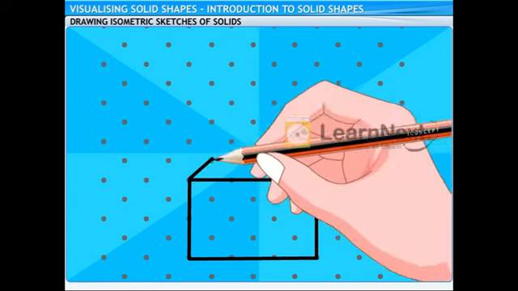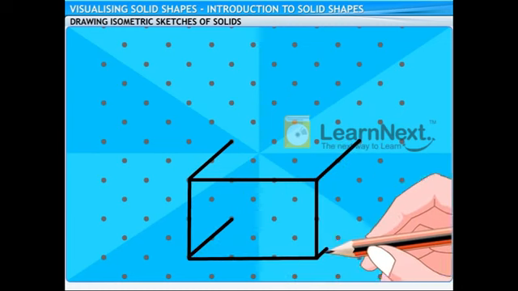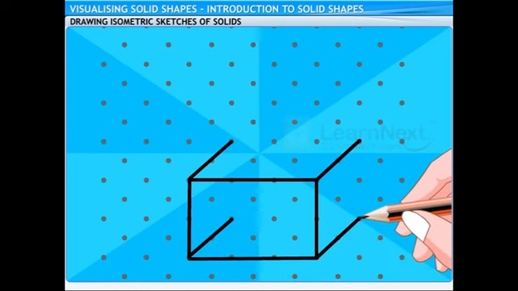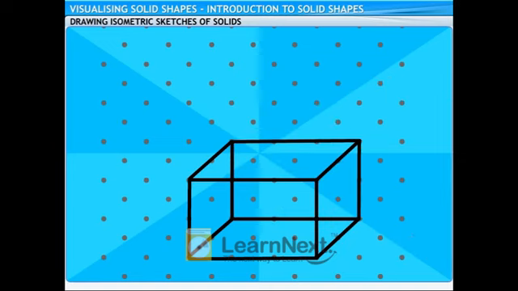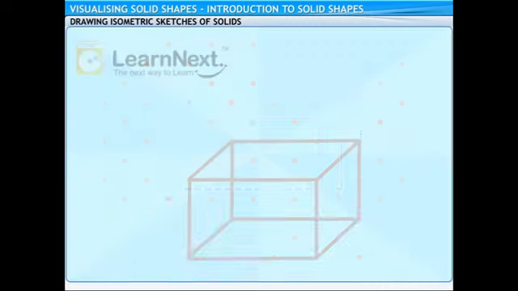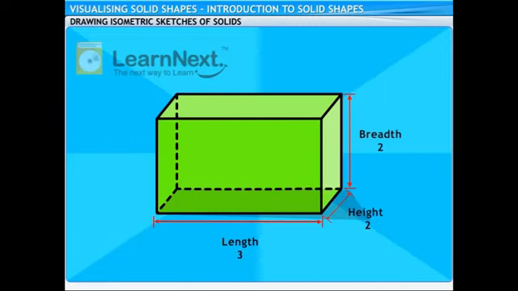Then draw 4 parallel line segments, each of length 2 units, starting from the 4 corners of the rectangle. Finally, connect the matching corners with appropriate line segments, and the isometric sketch of the cuboid is ready. We will observe the sketch. We can see that the measurements are of the exact size, which is not the case with oblique sketches.